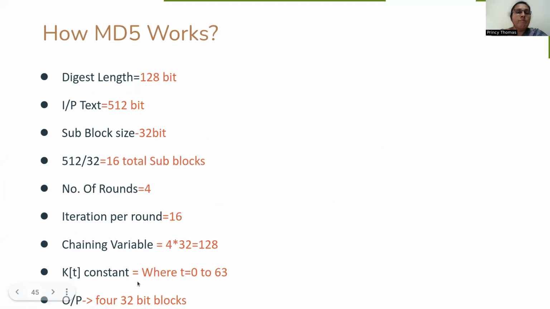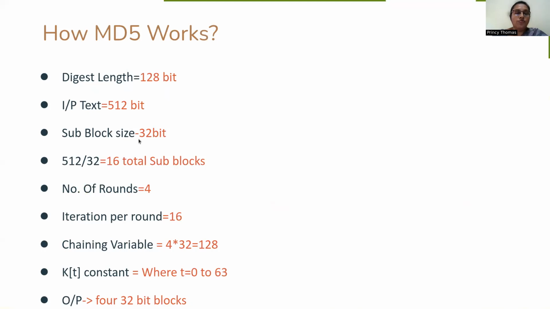How does MD5 work? First of all, the digest length, that is the output, is going to be 128 bits. We're going to look in detail at how we get these 128 bits. The input size has to be 512 bits, and this input is further divided into 4 32-bit subblocks.